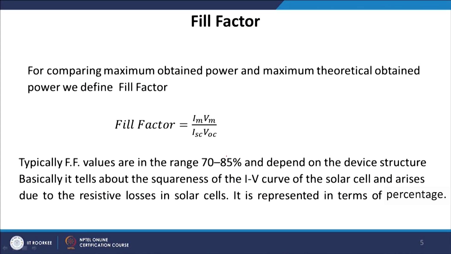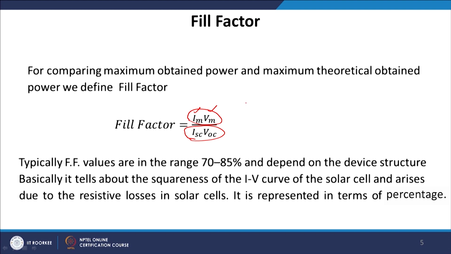By definition, fill factor is the maximum power, that is Im times Vm, the maximum current times the maximum voltage, divided by the maximum theoretical power which we get from the circuit, that is short circuit current and open circuit voltage.